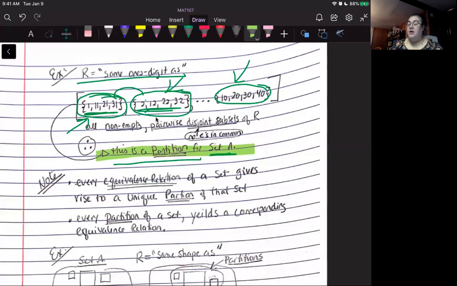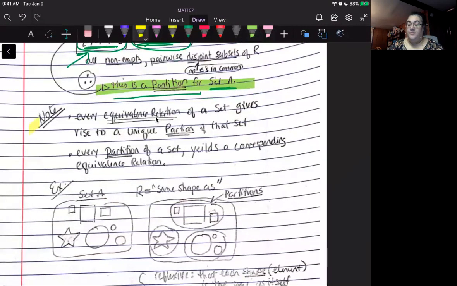Now, a couple of things for you to note. Every equivalence relation on a set gives rise to a partition of that set. Meaning, if you find a relation on the original set A that fulfills all three properties, it's transitive, it's symmetric, and it's reflexive, then that relation is an equivalence relation, and it will automatically give rise to these unique partitions.